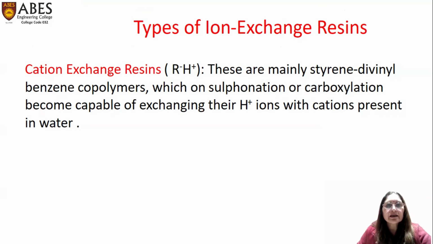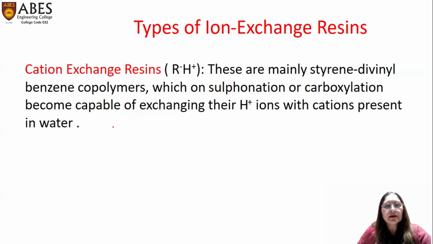It means cation exchange resins contain the acidic functional group. It is a copolymer of styrene divinyl benzene. After sulfonation or carboxylation, it becomes capable of exchanging its H+ ion with the cations of hard water.